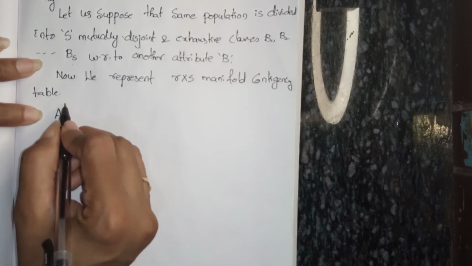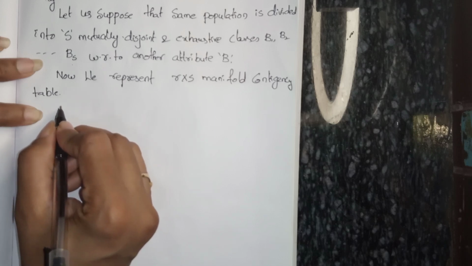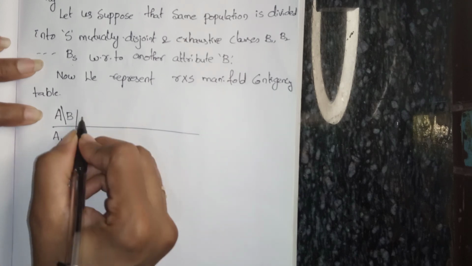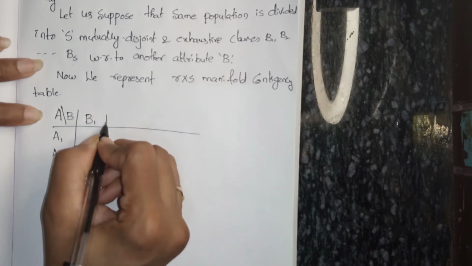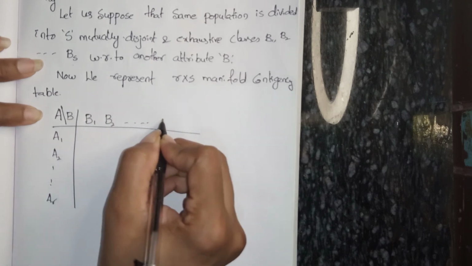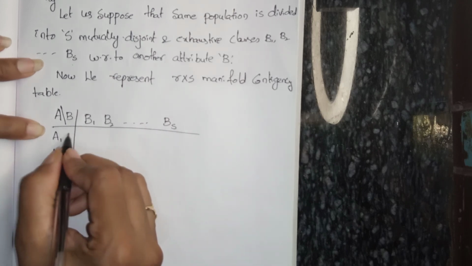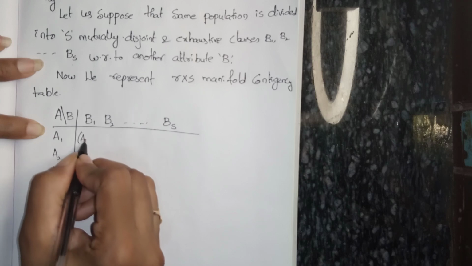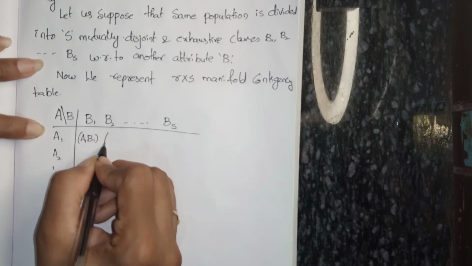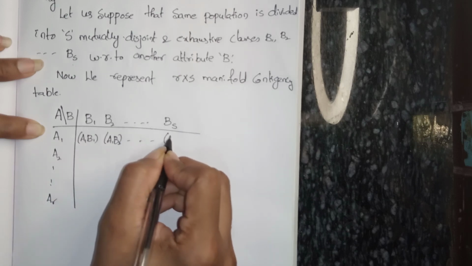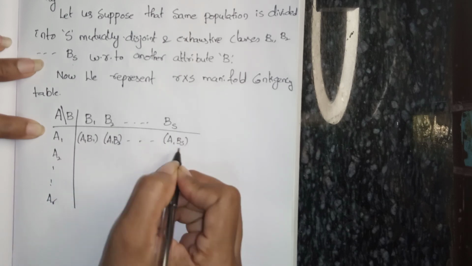Next is attribute B: B1, B2, and so on up to BS. Here the intersection points are A1B1, A1B2, and so on up to A1BS.